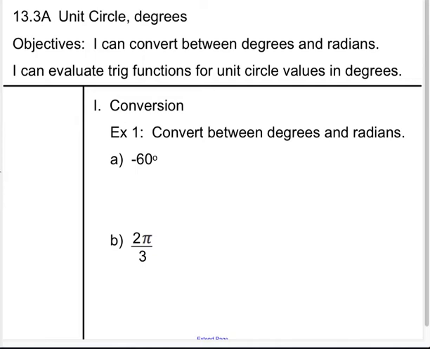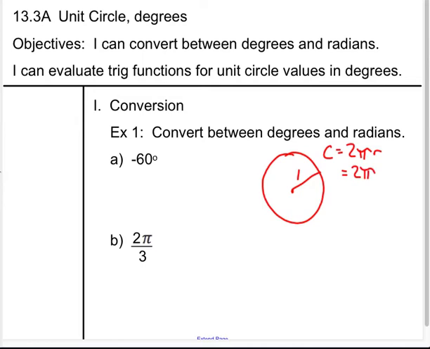What we need to understand about a radian, as I mentioned, is that if you take a look at a circle, and specifically the unit circle, so it has a radius of 1, the circumference is 2 pi r, and when the radius is 1, the circumference is 2 pi.